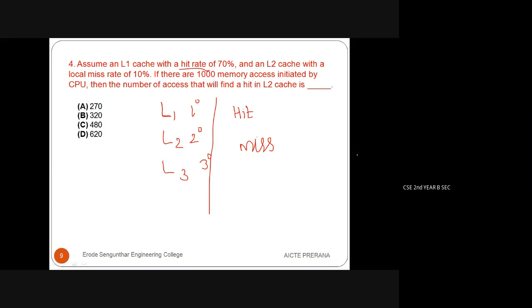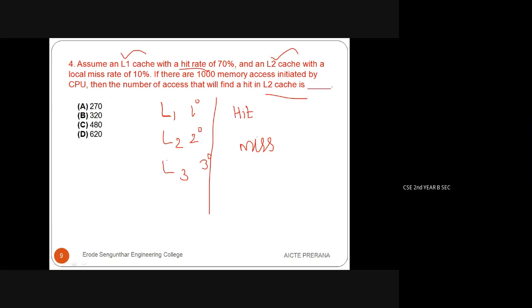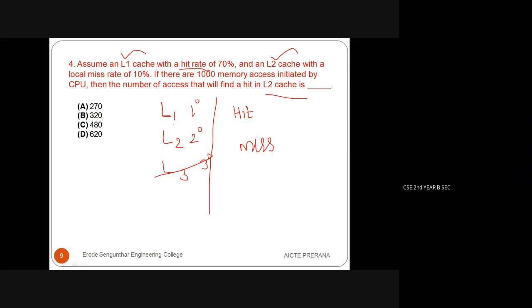In the question itself, they have given two types of cache memory they are dealing with, L1 and L2, not L3. So we have L1 and L2. When a miss occurs in the L1, we go on to search for the data in the L2.